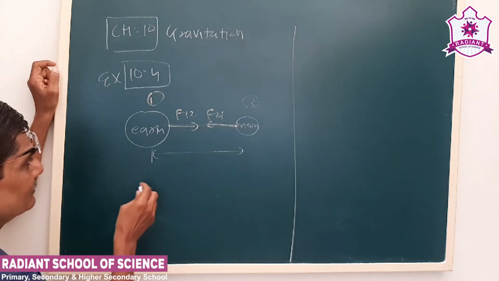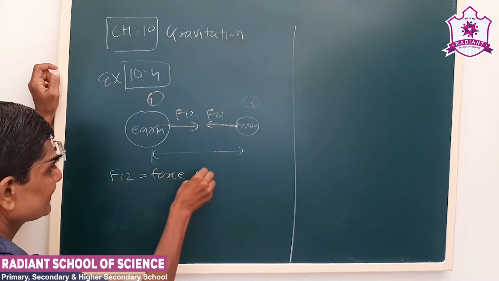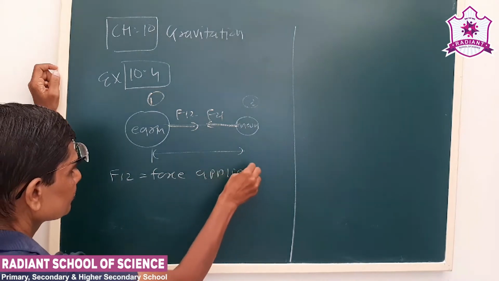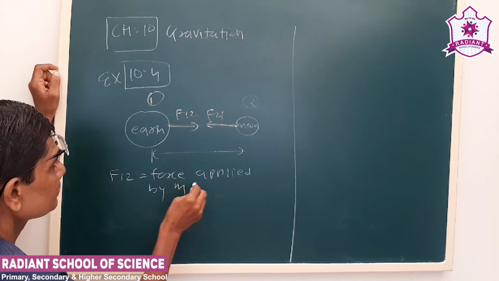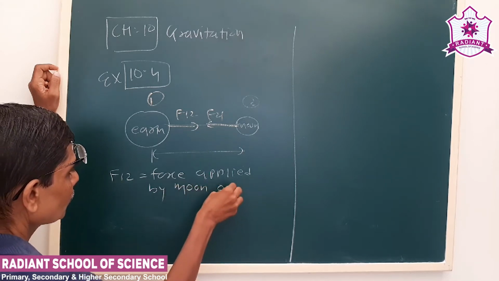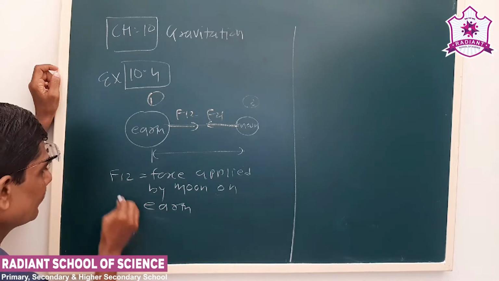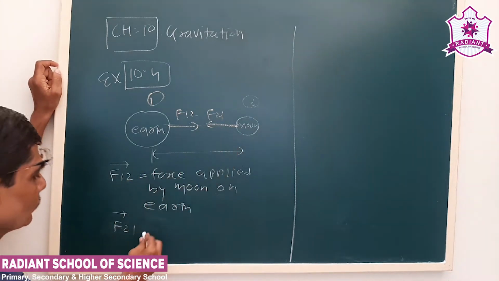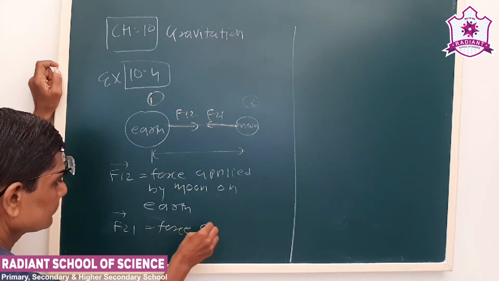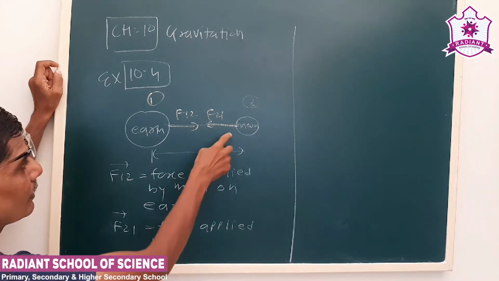So let us say F12 is the force applied by moon on earth, and F21 is the force applied by earth on the moon.